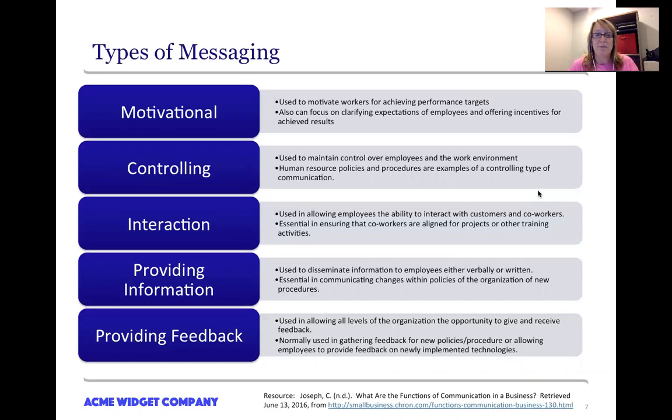The interaction type of messaging is used in allowing employees the ability to interact with customers and coworkers. It's really essential that coworkers are aligned for projects and other training activities, and that they understand the interaction between all of the components of their job.